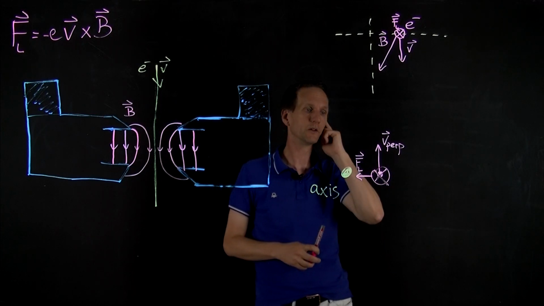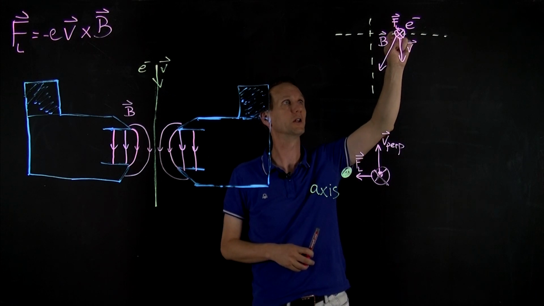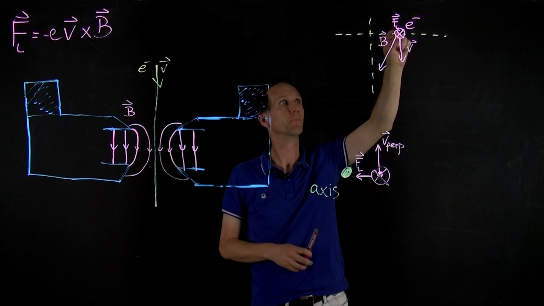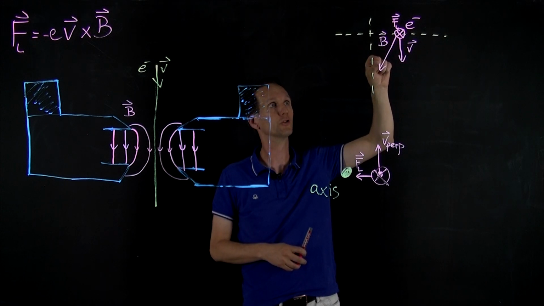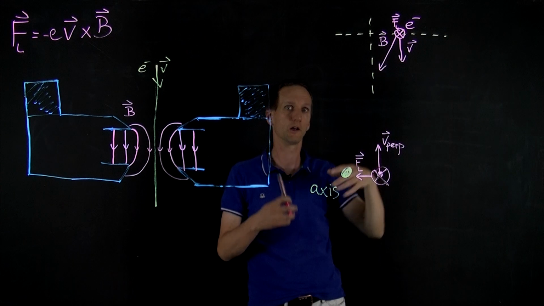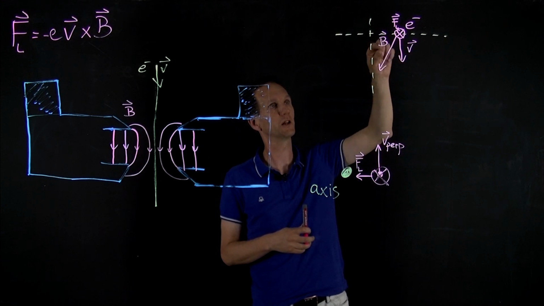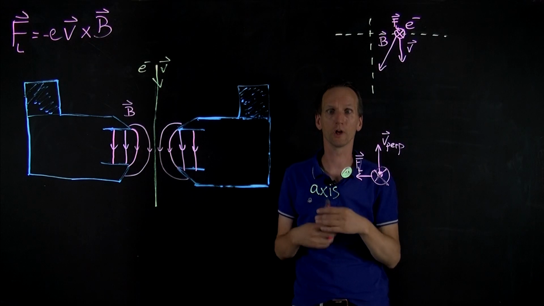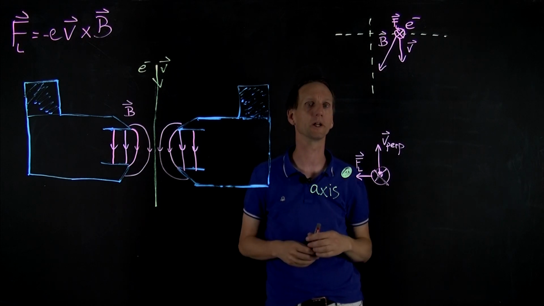So we see that the electron starts to move in this plane, and then also starts to move towards the axis. If we would continue that trajectory, we will see that the electron will follow a circular motion, as is common for electrons or charged particles moving in a magnetic field.